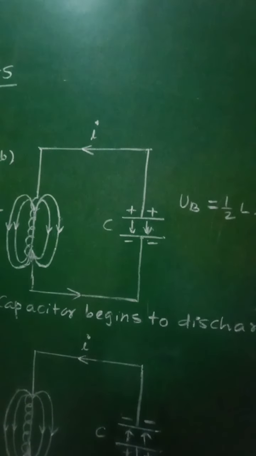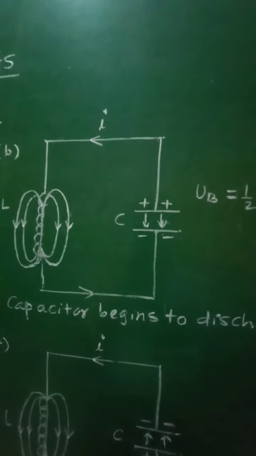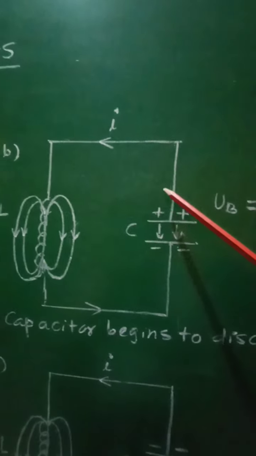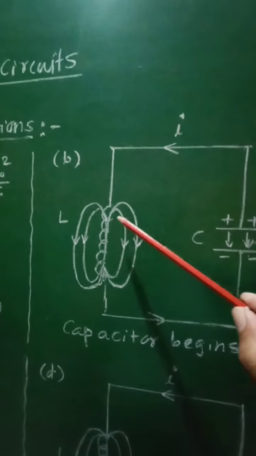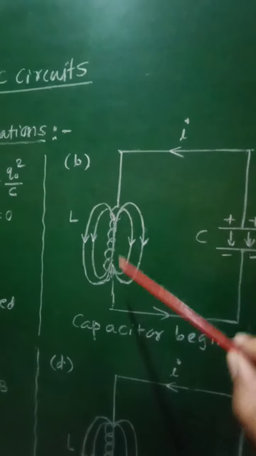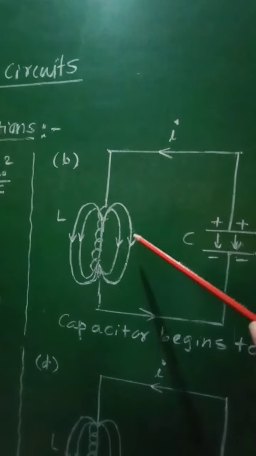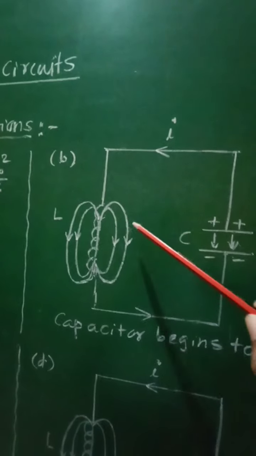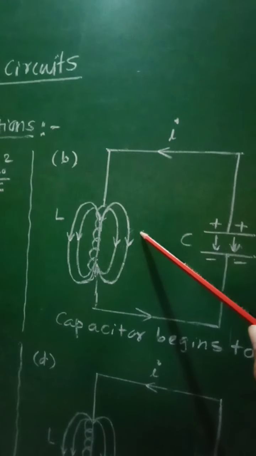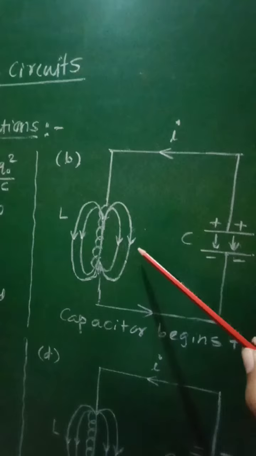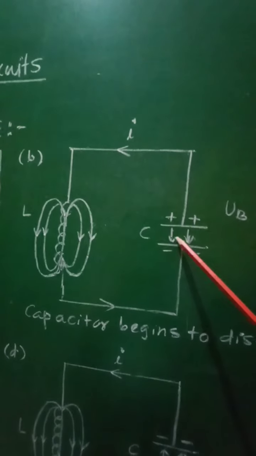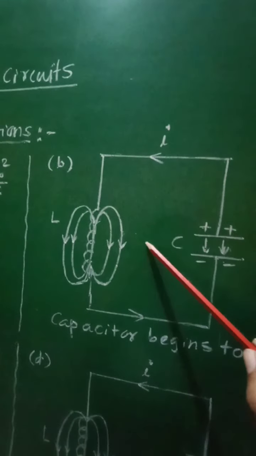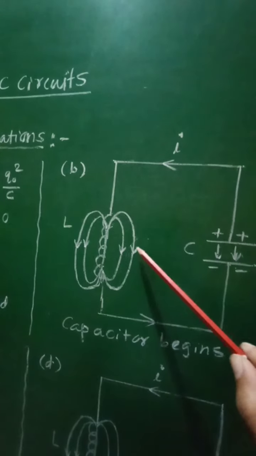Now as the current I in this circuit increases, it develops a magnetic field around the inductor. So these curves will represent the magnetic lines of force, and in this way the magnetic field will be produced around the inductor L, and a part of the electrical energy of this capacitor gets stored in the inductor in the form of magnetic energy.